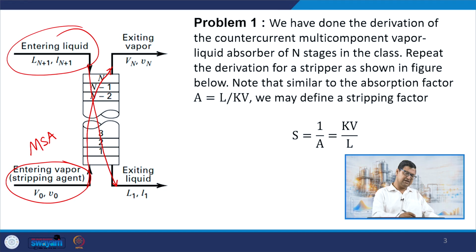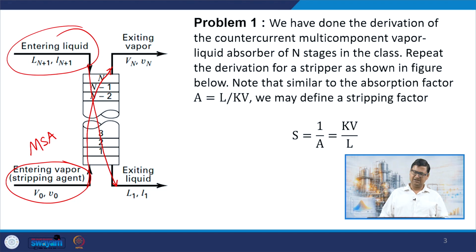In this case, the vapor feed, my MSA, is going up. In the other case, the liquid was the MSA, entering the first stage from the top in the case of the absorber, and now the MSA is entering the first stage from the bottom.